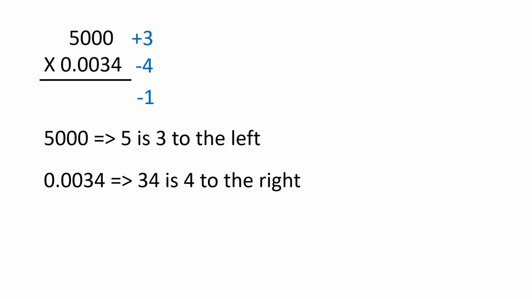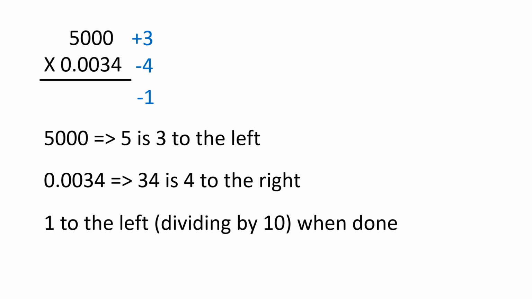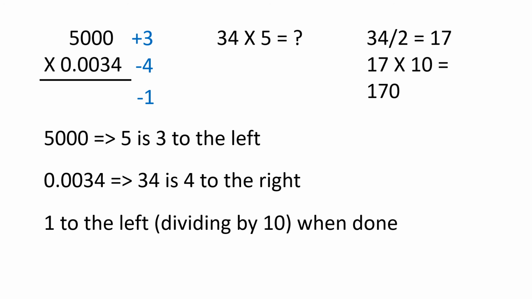When we're done, we need to move it 1 place to the left, which is dividing by 10, because we have to put that decimal place back. We can multiply 34 by 5 by splitting it in half to get 17, and multiplying by 10 to get 170. Then we move the decimal place to the left to get 17. If we remembered that moving the decimal to the left is the same as dividing by 10, we could have stopped when we got 17 when we were dividing by 5.